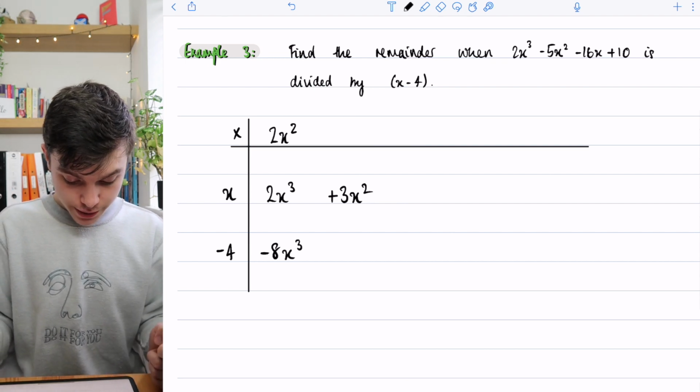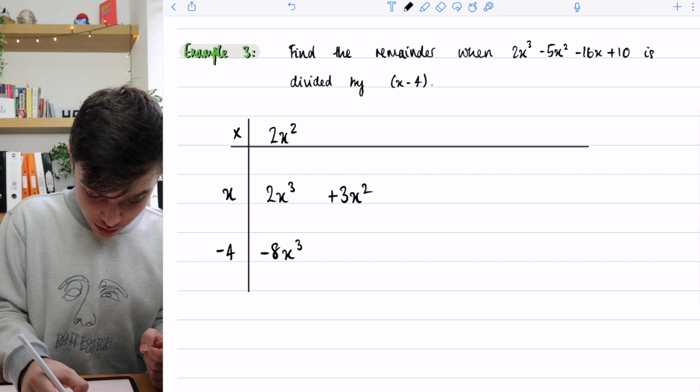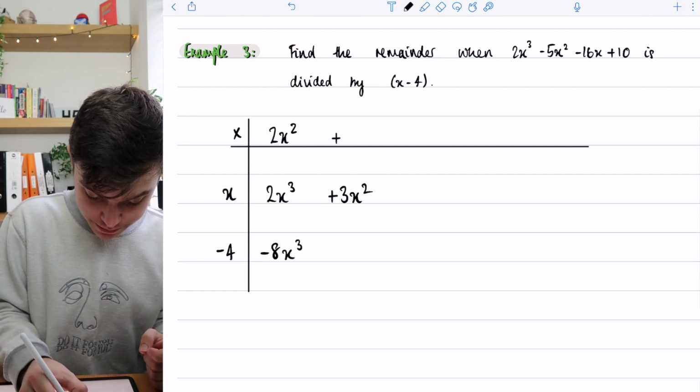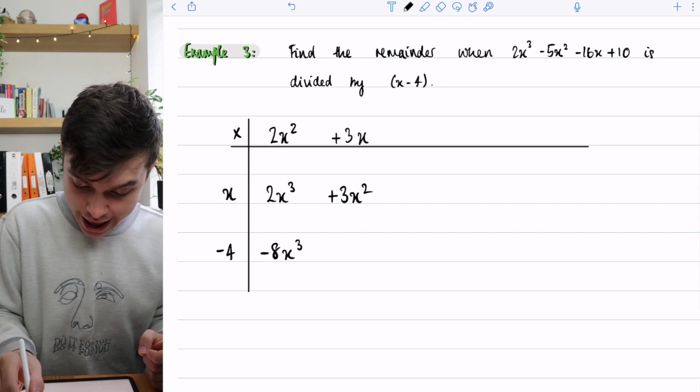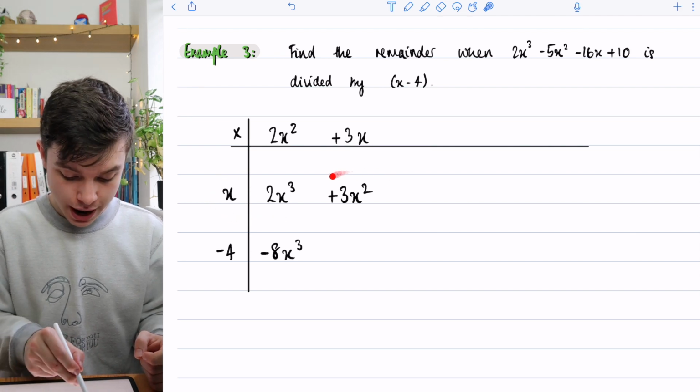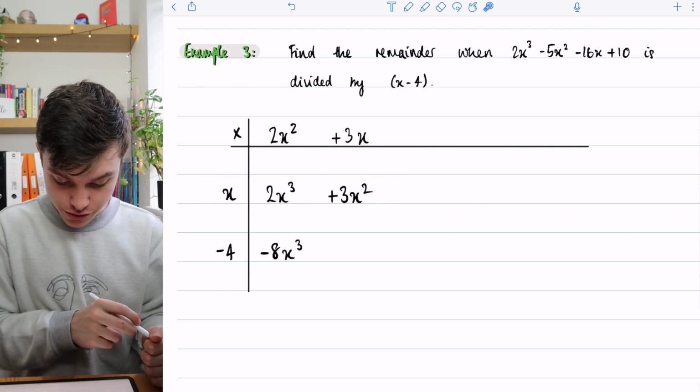So then I need to think, what do I need to multiply by? I'm going to need to multiply by, I'll do 3x squared divided by x, a positive 3x, because then when I multiply the 3x and the x together, that will give me the plus 3x squared.